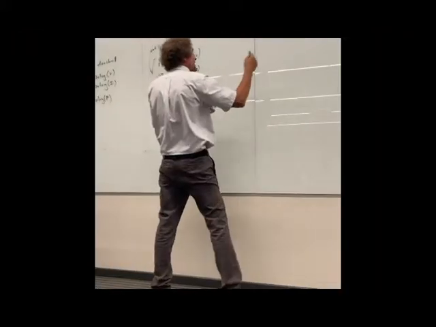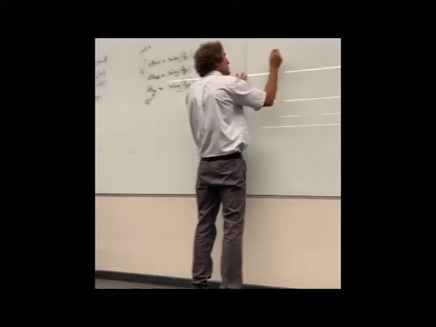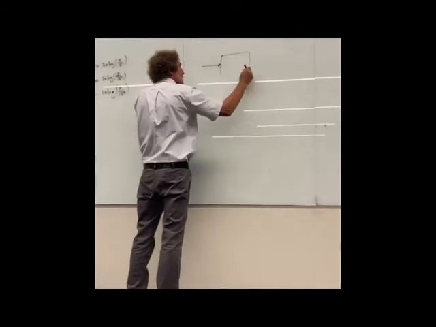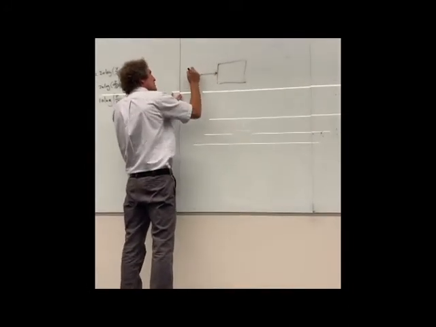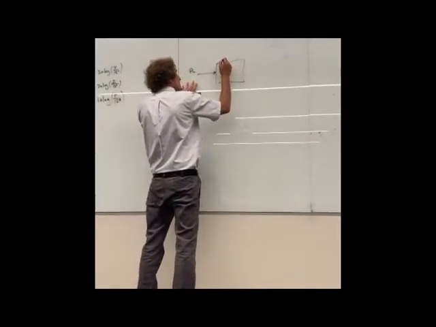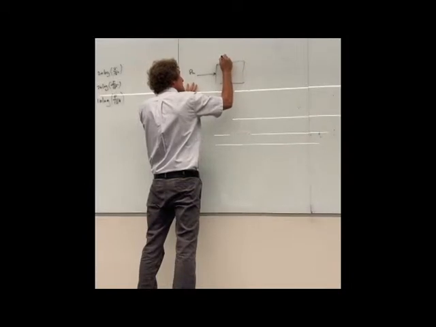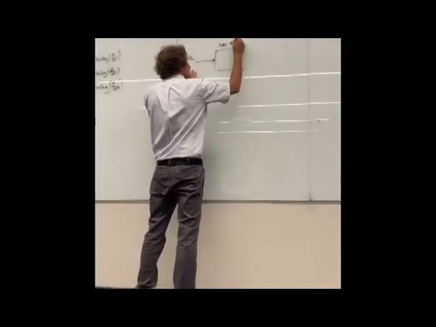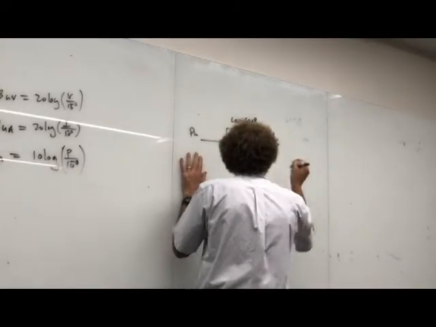So now let's take a look at dB actually being used for a problem in terms of a ratioing. Here we're going to have a system, and I'm going to put P in here, whatever it is, and I'm going to say it's going to have a loss of 60 dB, and I want to know what comes out.